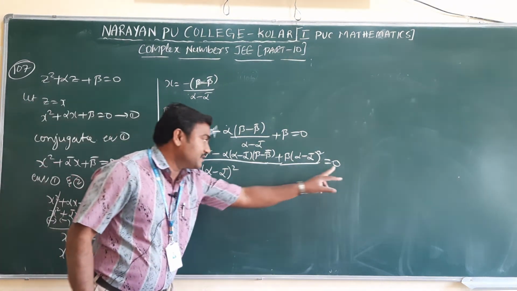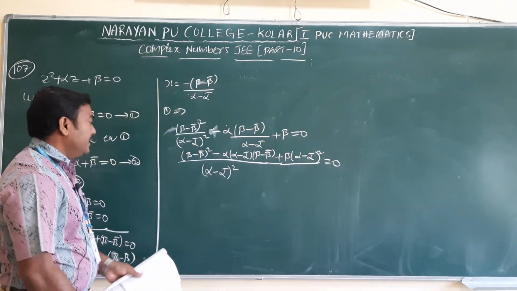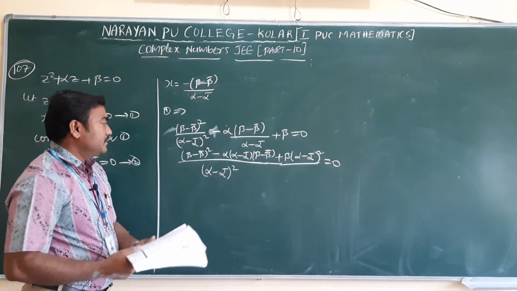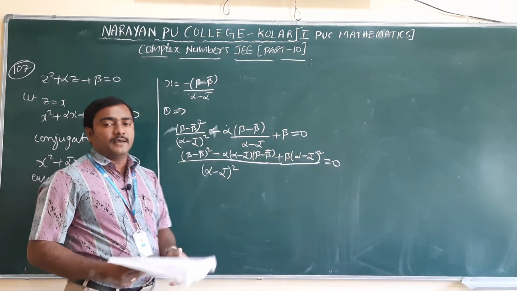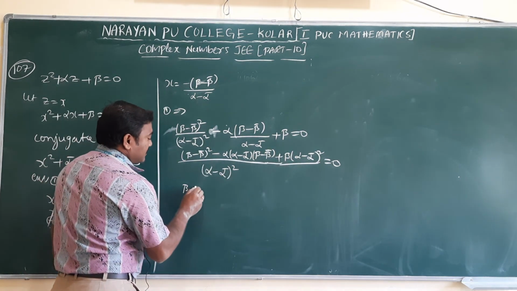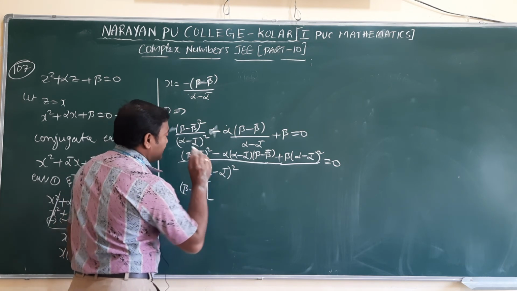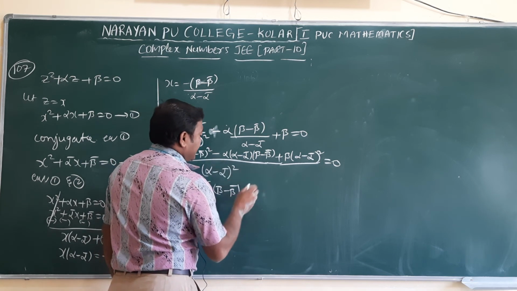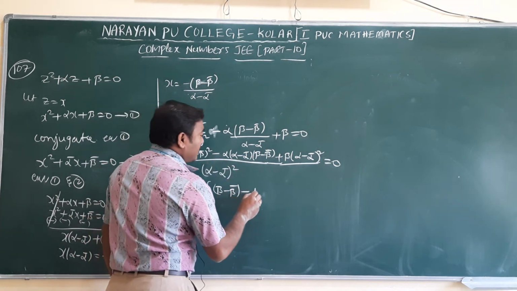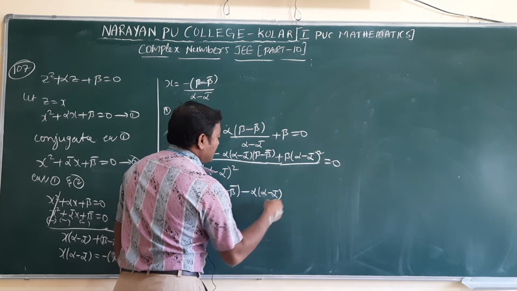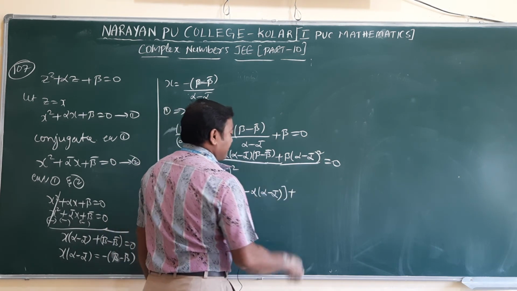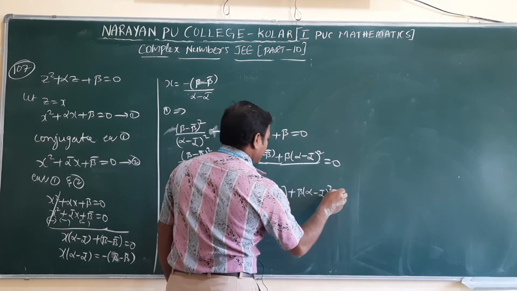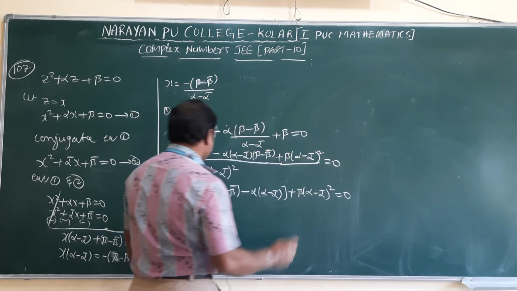By cross multiplication we get this value 0. Here in both terms we have to take common beta minus beta bar. So beta minus beta bar remaining, minus alpha into alpha minus alpha bar plus beta into alpha minus alpha bar whole square is equal to 0.